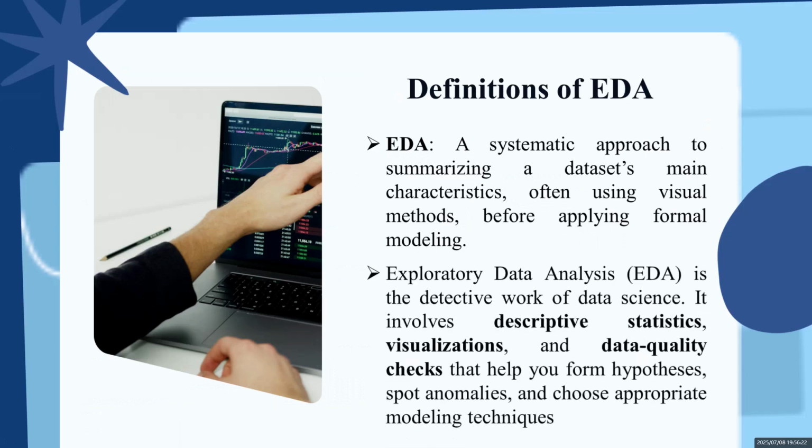We also see EDA as the detective work of data science, which involves descriptive statistics, visualization, and data quality checks that help you form hypotheses, spot anomalies, and choose appropriate modeling techniques.